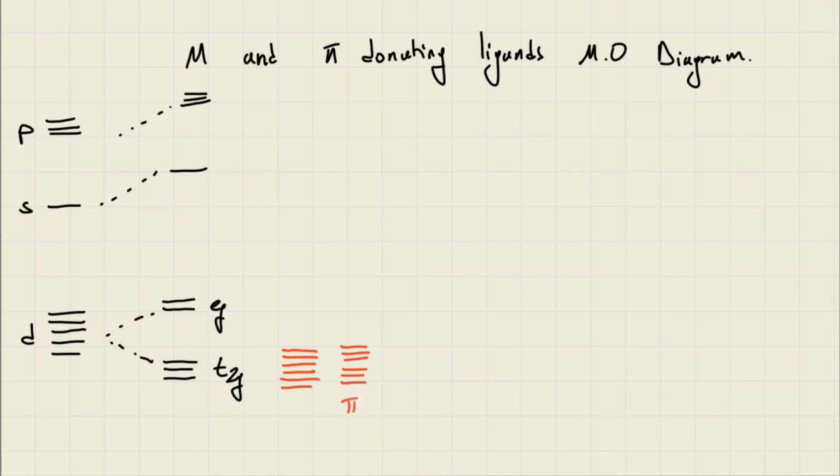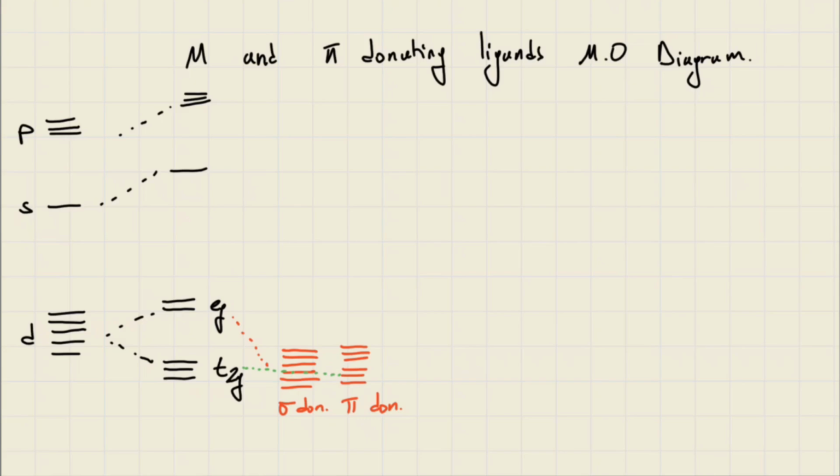This is pi donation, and this is for the sigma donation. Sigma donation appears between the Eg and T2g orbitals, and pi donation appears between T2g and pi orbitals.